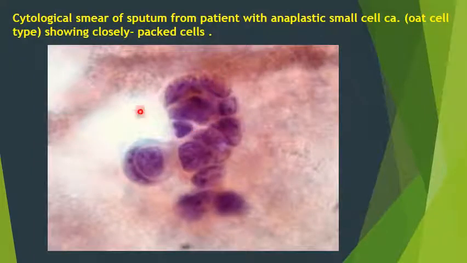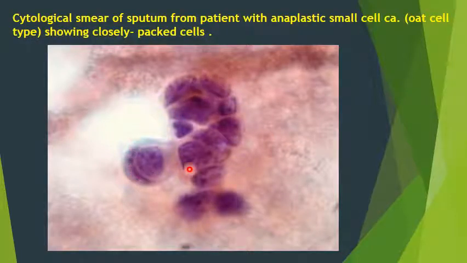This is a cytological smear of the sputum from a patient with small cell carcinoma. You see the molding. You know what molding is? Molding means the cells are pressed against each other, one riding on top of the other, showing closely packed cells.